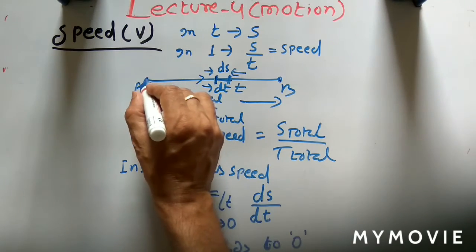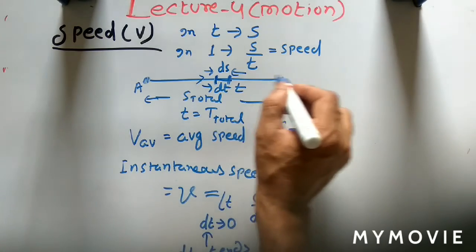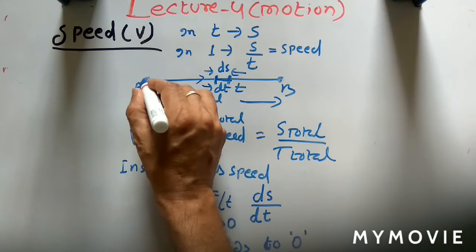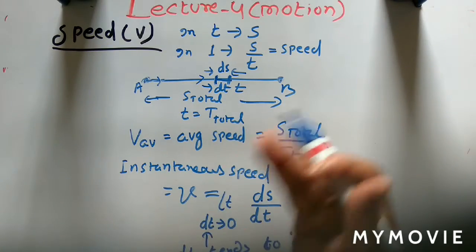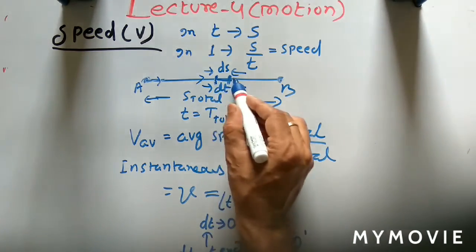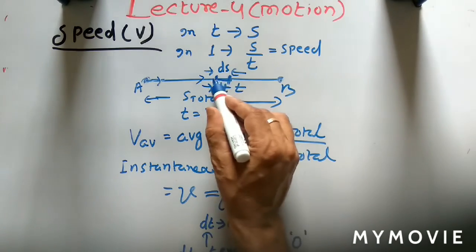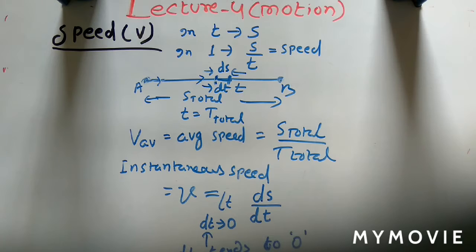Suppose a bus is going from Bhubaneswar to Cuttack. When it starts from Bhubaneswar, the speed is 0, as it starts from rest. Suppose at any middle point, the bus is moving with a different speed. How do you measure the speed of that bus at that particular instant?